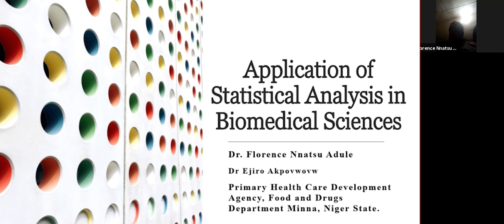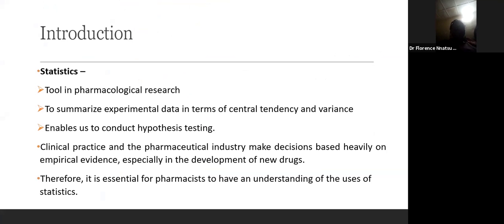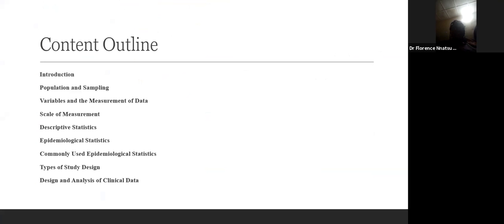So we have an outline of the applications. Next slide. We have the introduction, that is the content of the outline. We have introduction to statistics. We have population and sampling. We have variables and measurements of data.